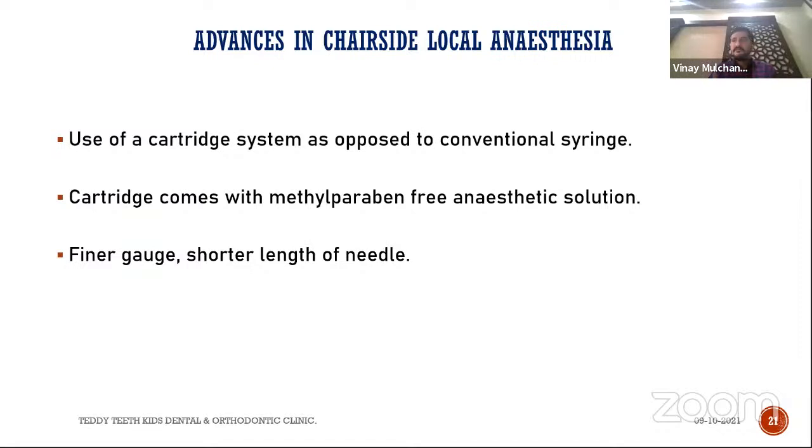The conventional disposable syringe is about 38 millimeters, whereas these cartridge systems provide us with a shorter needle of 22 mm. So the tissue penetration is appropriate for a young patient, where we don't unnecessarily go beyond the tissues, which may cause some discomfort, and also there is a risk of toxicity.